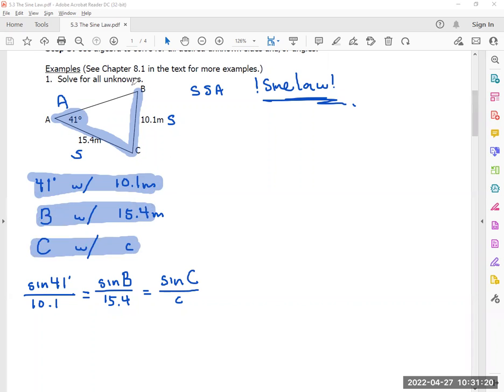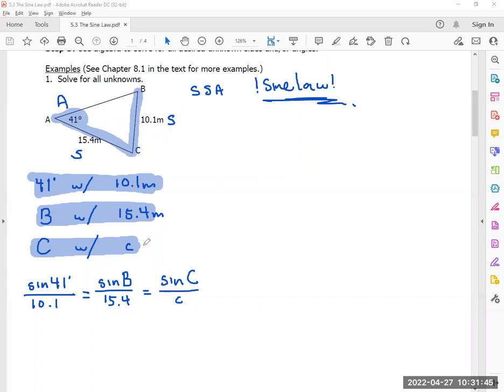So please recognize that we've got 15.4 with B, 10.1 with A, and angle C with side C, which I don't know. Okay.